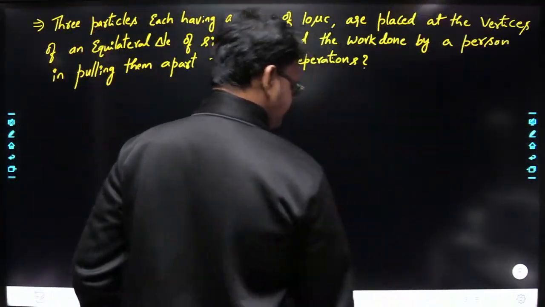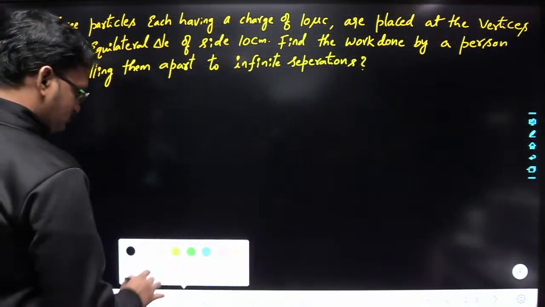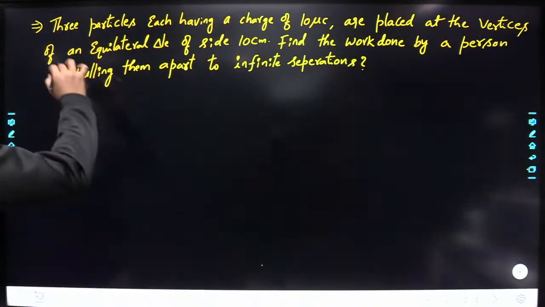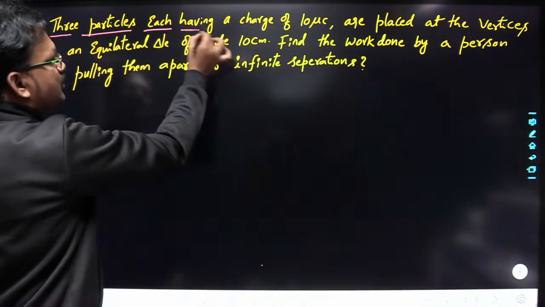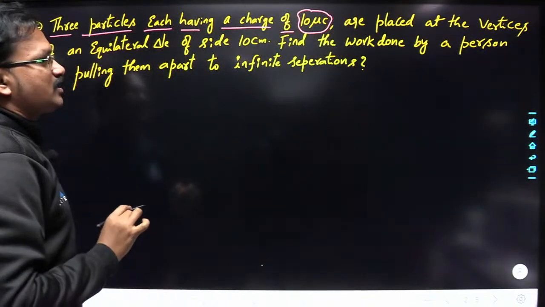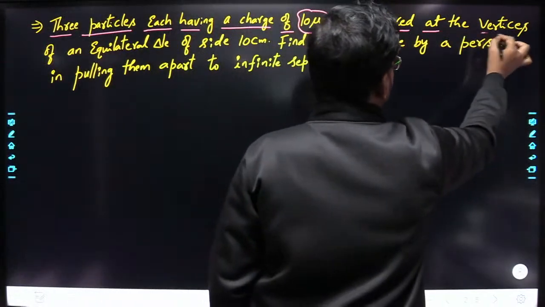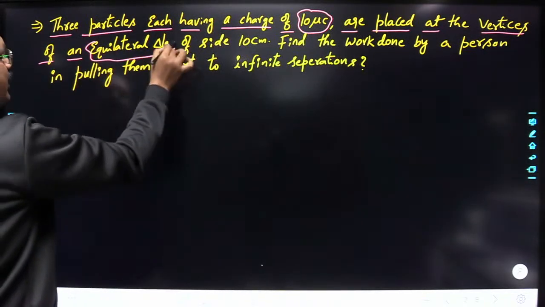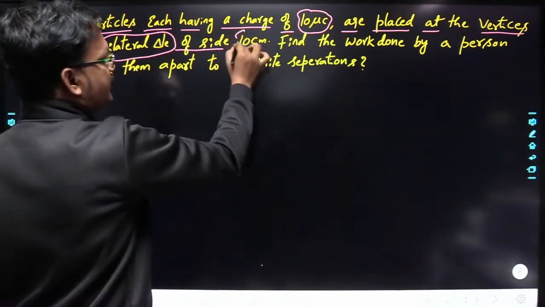Next problem. So now see here, what is the question they have given? Three particles each having a charge of 10 microcoulombs are placed at the vertices of an equilateral triangle of side 10 centimeters.